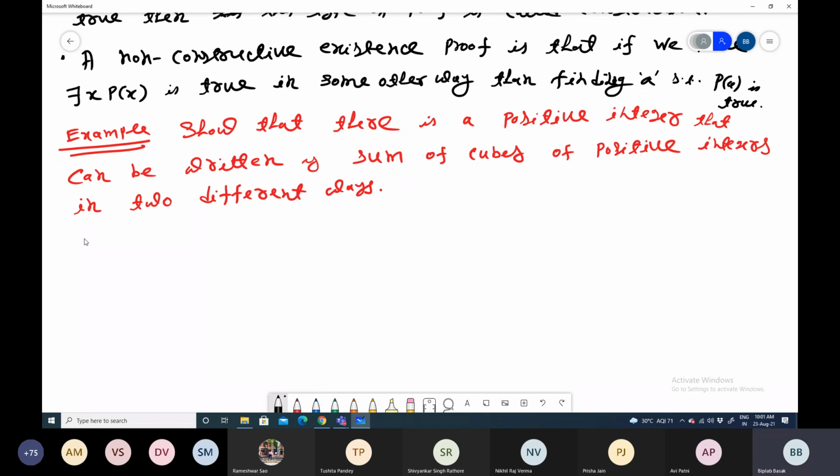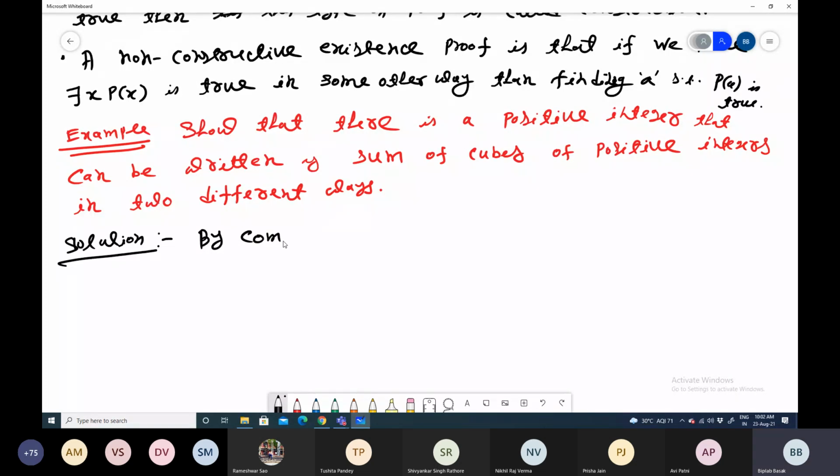Now we can give a constructive proof for this one. Obviously you can run a computer program and find such a number, and say that this is the number. By hand it is almost impossible, otherwise you have to check each and every case.